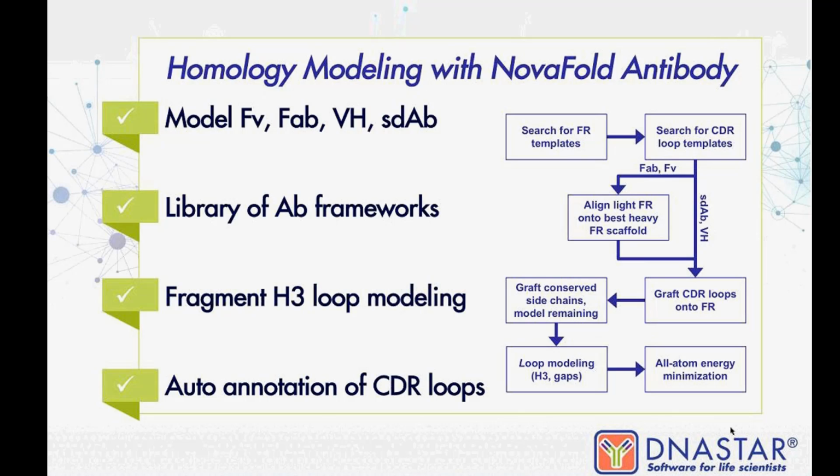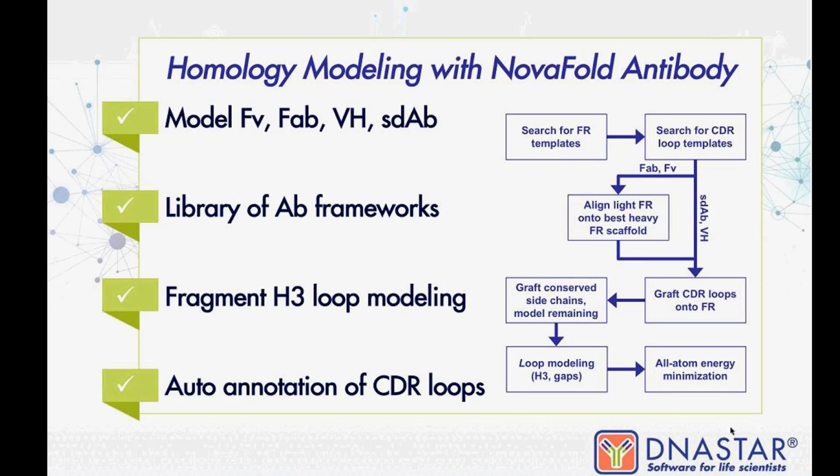As you can see here on the right, we have a brief schematic of how NovaFold Antibody works, where it's searching for framework templates, doing alignments, and also grafting CDR loops. We also pay special attention to the H3 loop. As most of you know, H3 is a key determining region on an antibody for specificity and potentially affinity against its antigen.